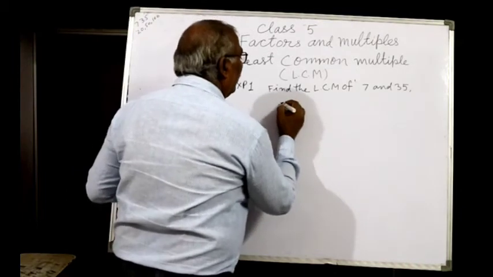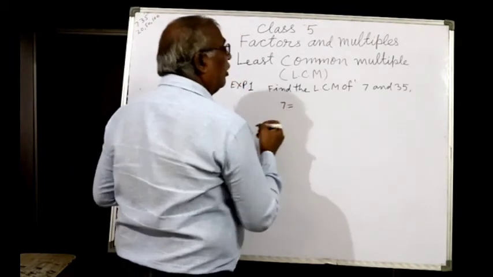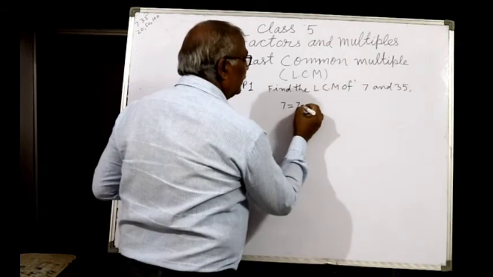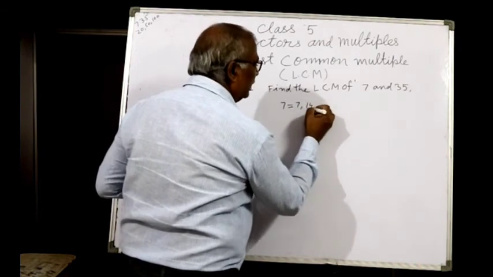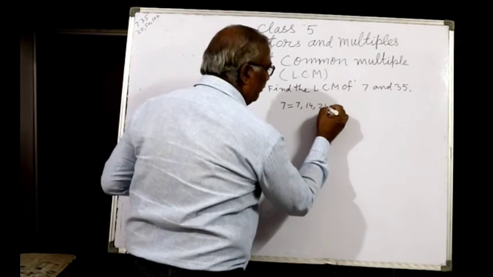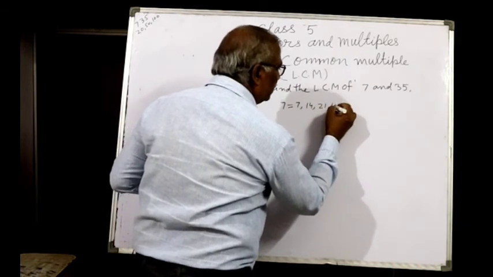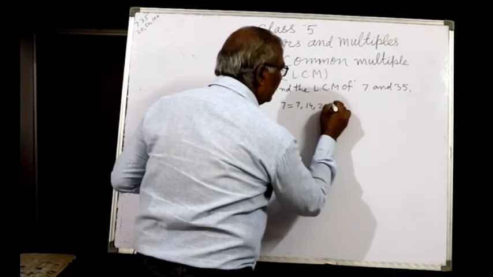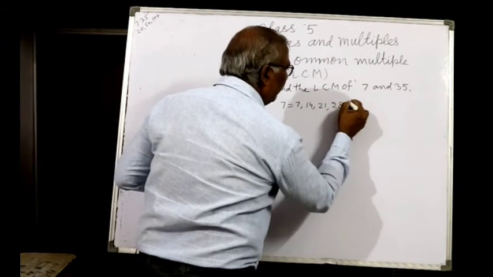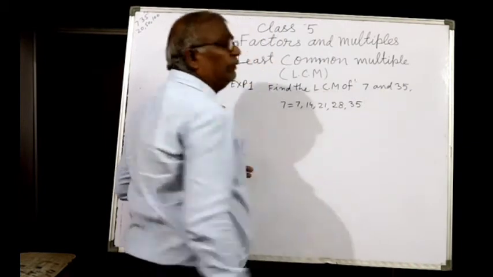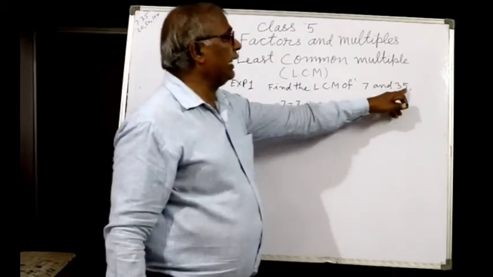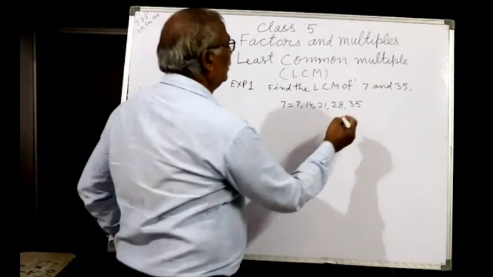Now, what are the multiples of 7? 7 1s are 7, 7 2s are 14, 7 3s are 21, 7 4s are 28, 7 5s are 35. Don't take more than 35 because the second number is 35.